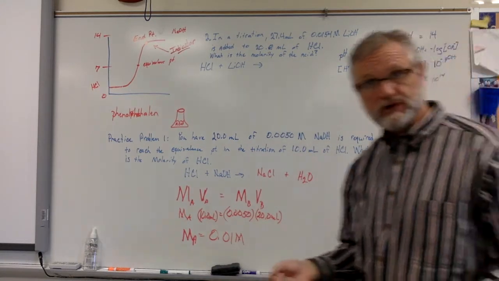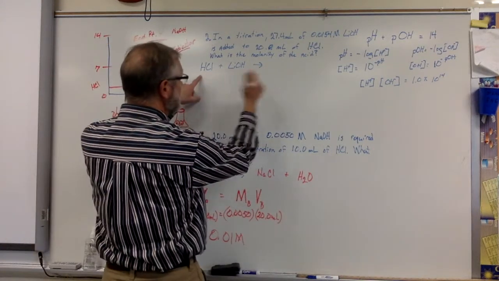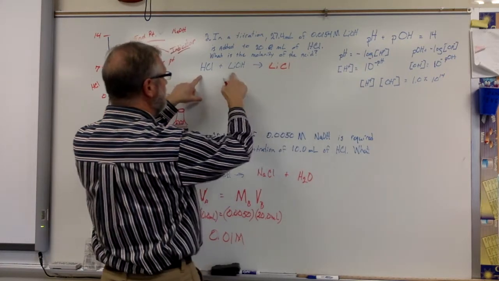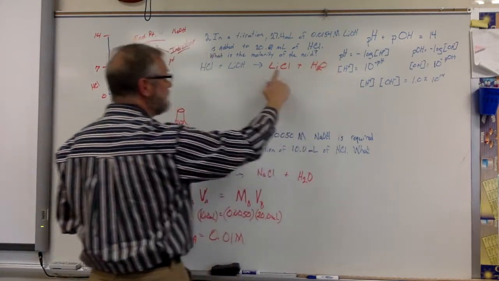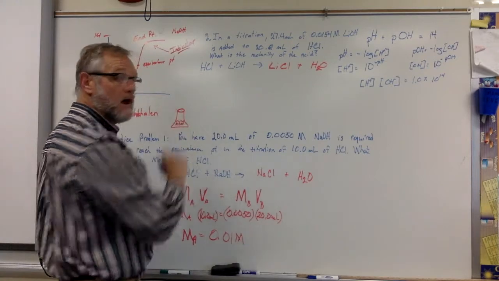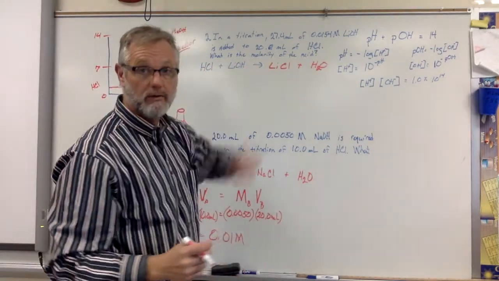So very similar to the same problem we just worked at, practice problem 1. So I want to go back in. I want to say this time my salt is lithium chloride plus H2O. Balance it 1-to-1, 1-to-1, 2, and everything is balanced. So it is at a 1-to-1 to 1-to-1 ratio.